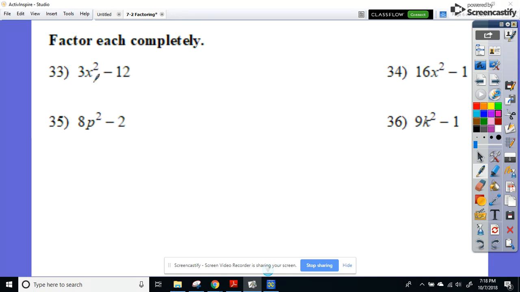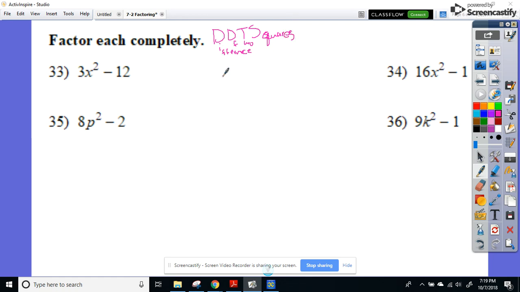Now we're on to a new kind. This is what we call DOTS. D stands for difference of 2 squares.